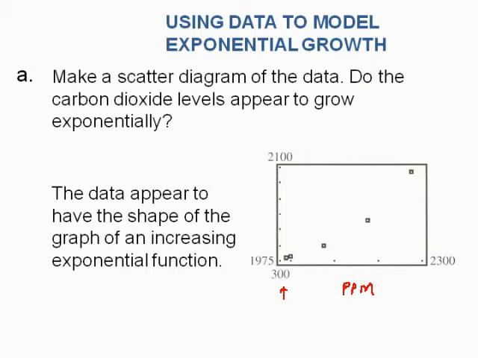They set the x-axis from 300 to 2,300, and then for y they put the years from 1975 to 2100. Certainly, if we were to connect the dots on this data, this would be growing exponentially, and that constant number would probably be positive.